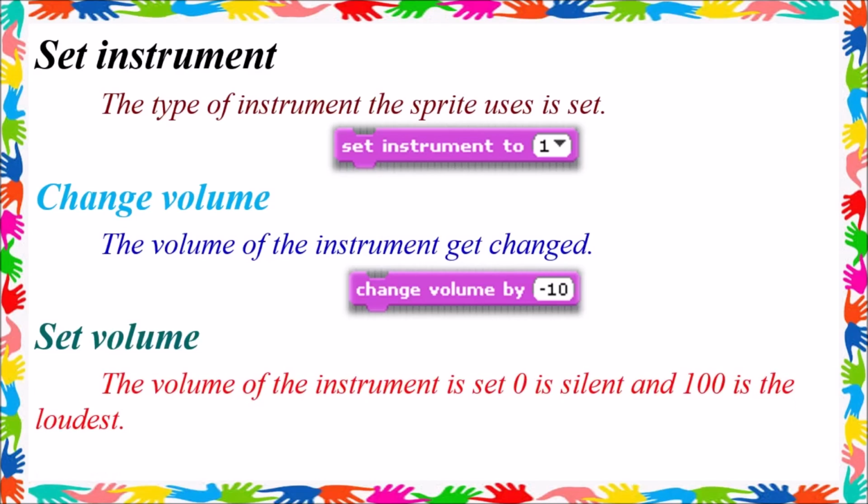The volume of the instrument is set: 0 is silent and 100 is the loudest. If you set 0, that means mute, a silent state. If you set 100, this is the loudest volume of your instrument. So this is the command for set volume to 100%, 80%. If you want to change the percentage, the value can be from 0 up to 100.